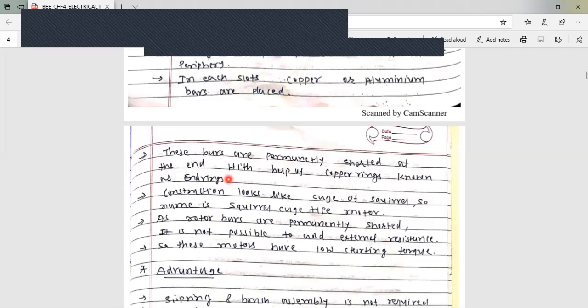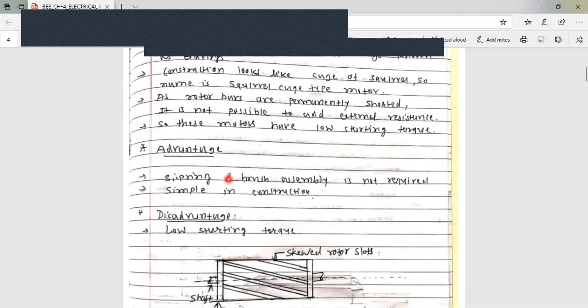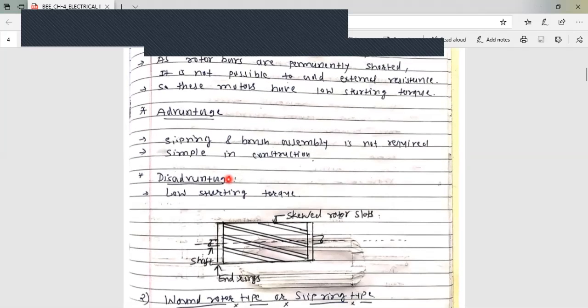We will see the figure of that first type, then you can realize this. See here, this is the shaft. On it, the rotor rotates. These are the rotor slots, and here are the end rings.